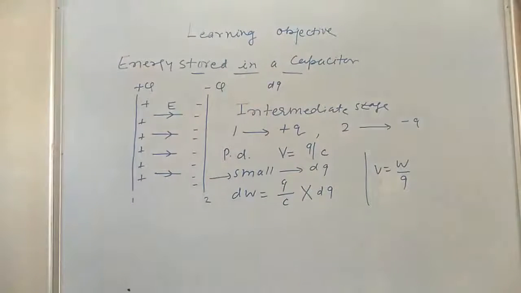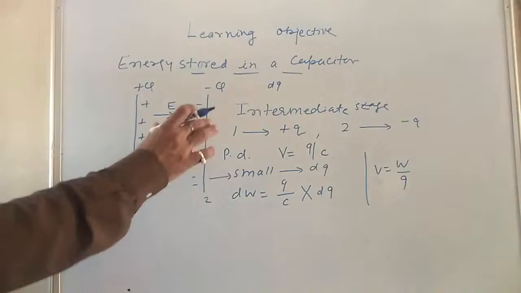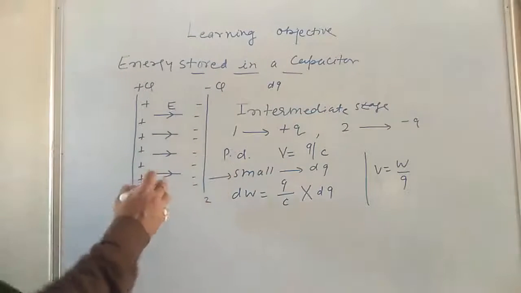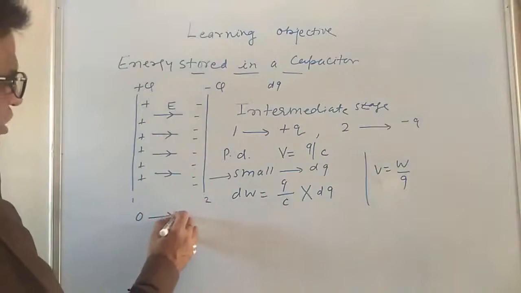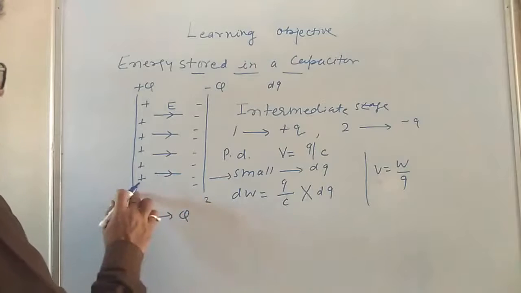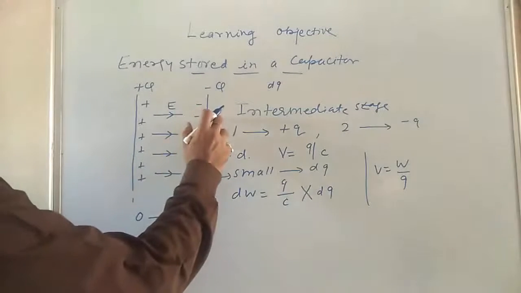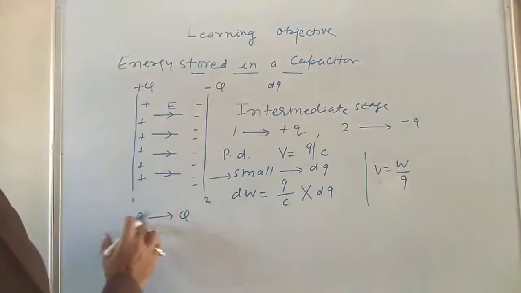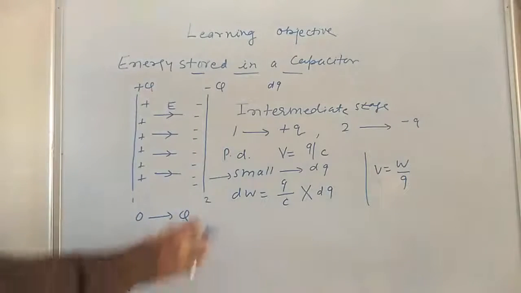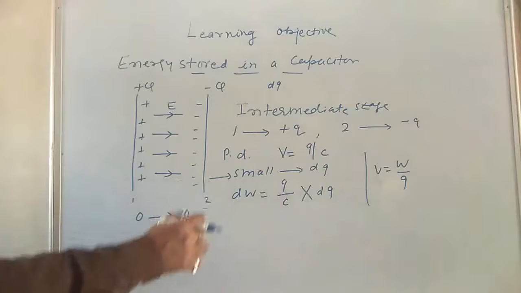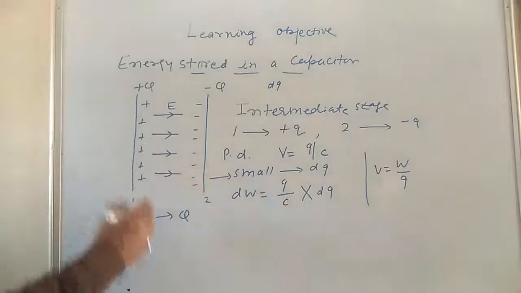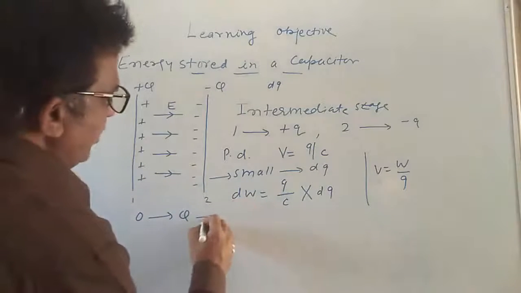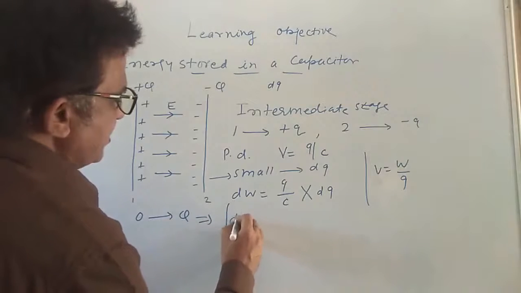Okay, write it down. So my dear children, total work done in giving a charge from 0 to Q. Initially, the charge on the first plate is 0. We are transferring the charge from this plate to this plate, say 0 to Q. The total work done in giving a charge from 0 to Q to this condenser, so I have to integrate this.